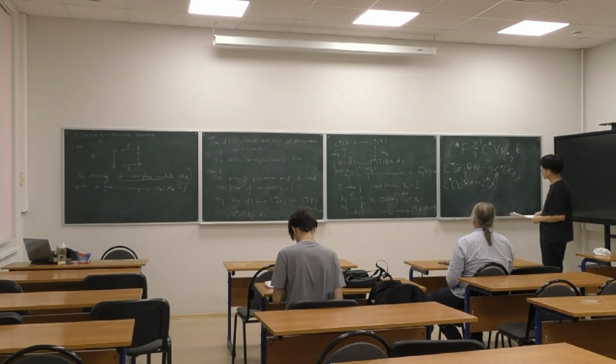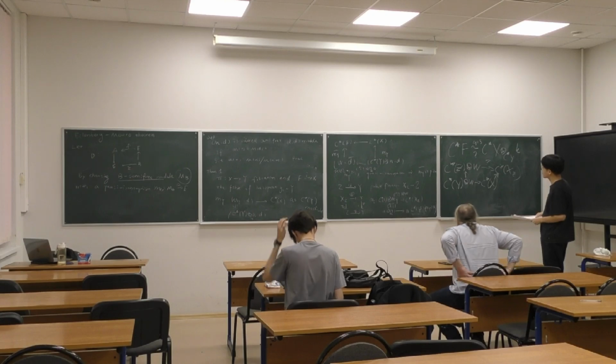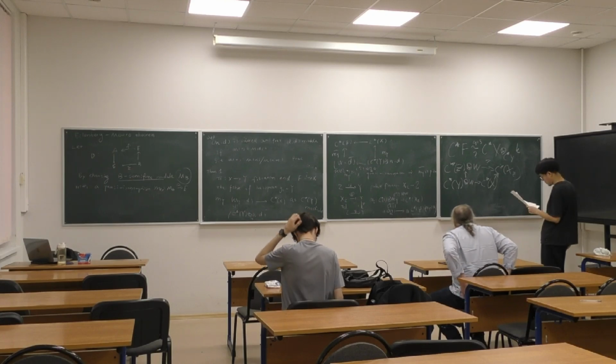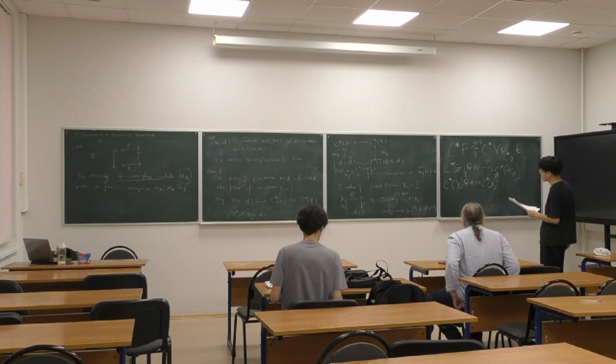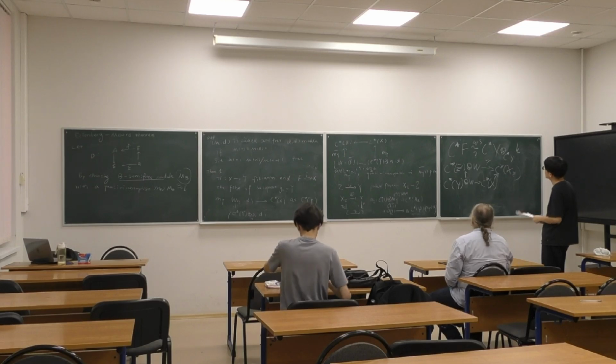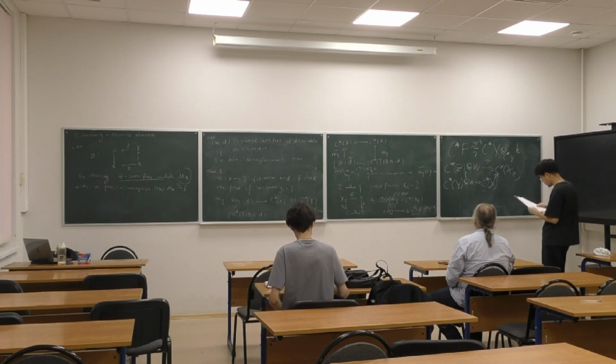So, we have this question mark. Are we any closer to understanding why we have this mysterious map? Can anyone help?